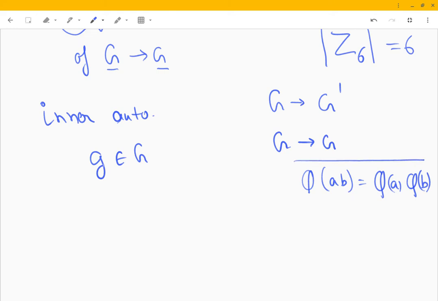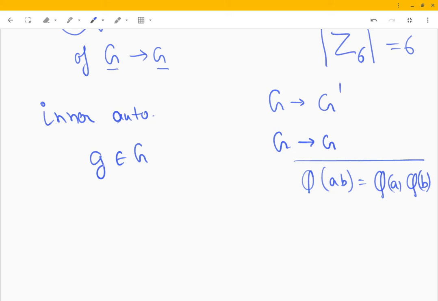And if it is a bijection, then it is an isomorphism. If that is unclear, let me know in the comments. I'll make a separate video on this. But for this video, I am assuming that you already know this.